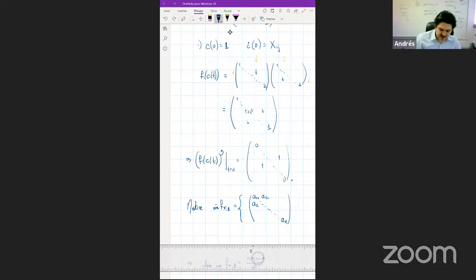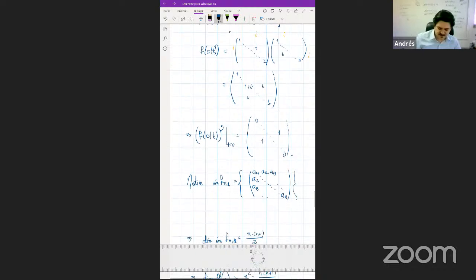So that's how it goes, and so on. So basically the image are the symmetric matrices.